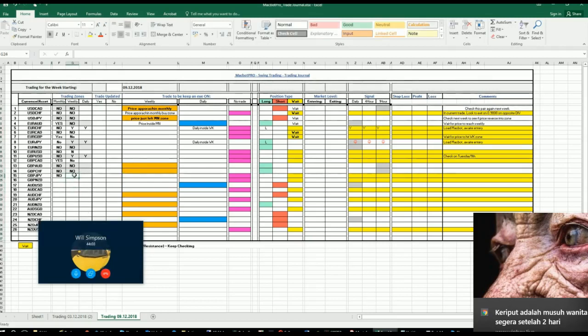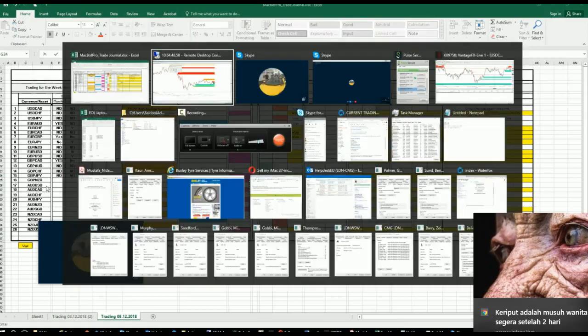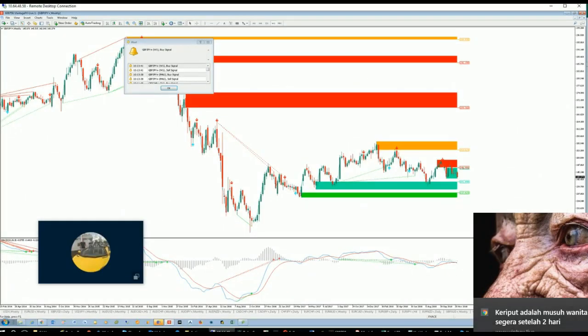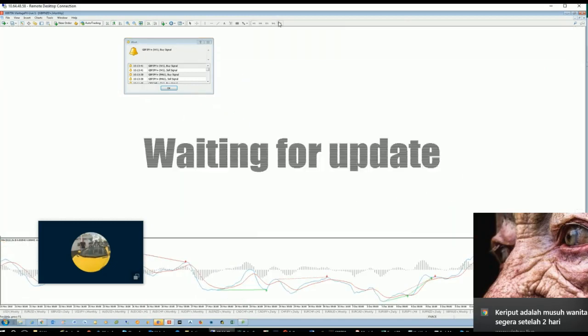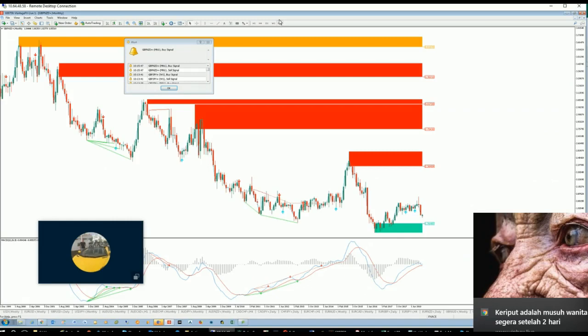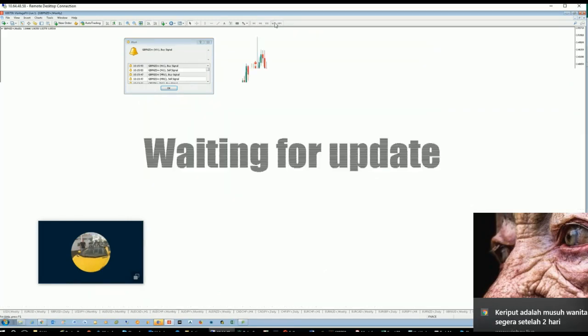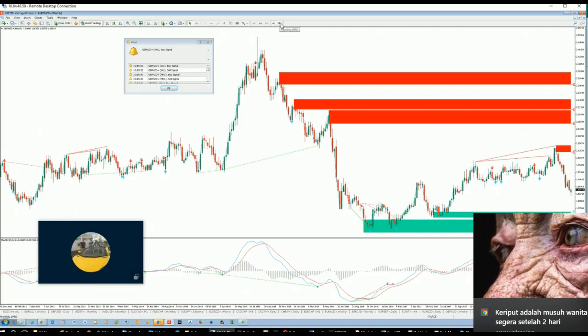Okay, so GBP NZD. Okay, so no on this one also, and no on that.